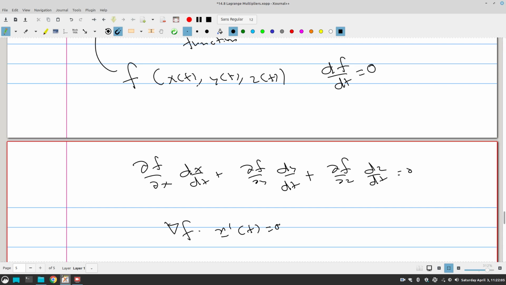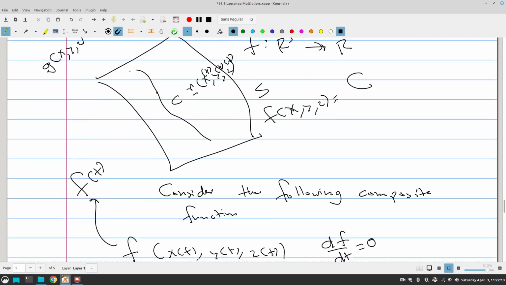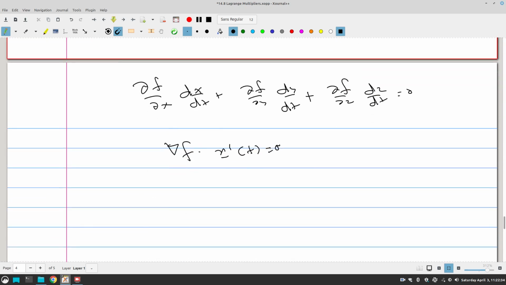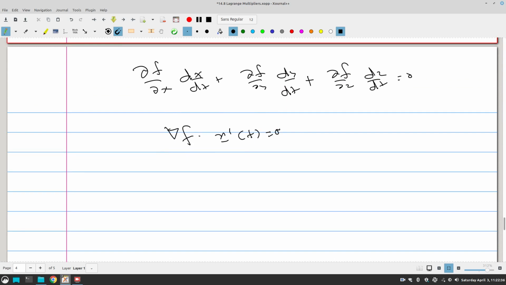This point x naught, y naught, z naught is on both the surface S given by this, and let's call the surface T given by g equals k. So I also know for a fact that del g dot r prime t naught equals 0.